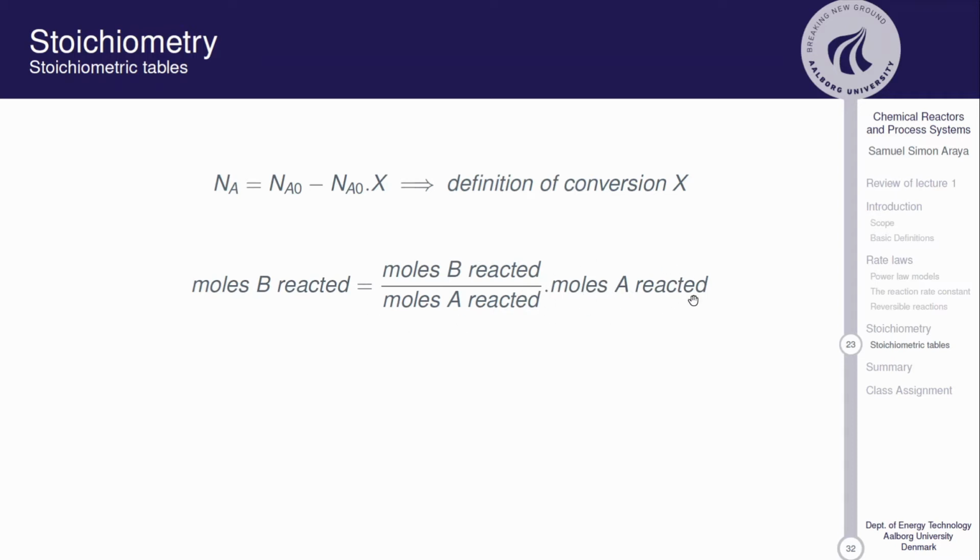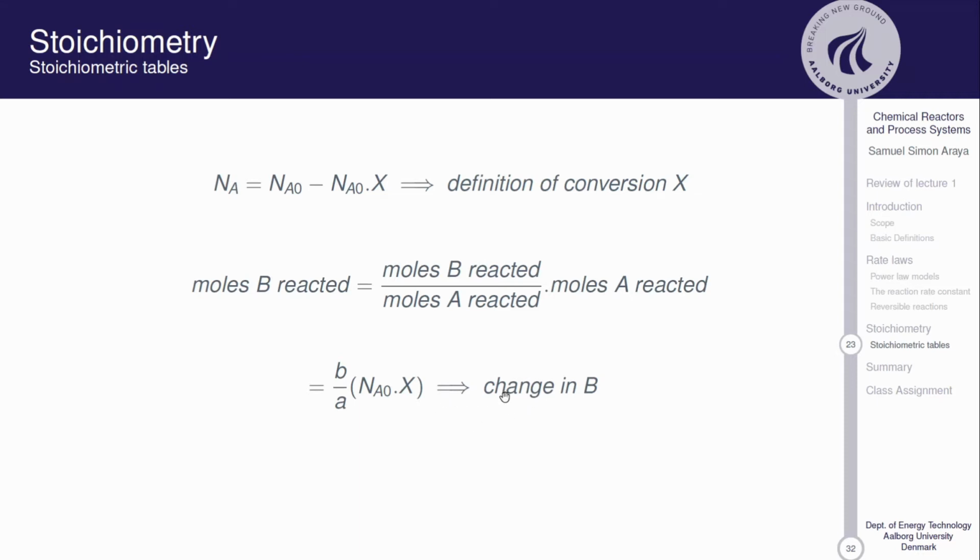And we already know this, we can define that from our conversion. So that's just multiplication of the conversion, and these rates are just the ratio of the two coefficients, so b divided by a. So moles of B reacted are b divided by a times moles of A reacted. This is the change that happens in terms of B in the reaction.